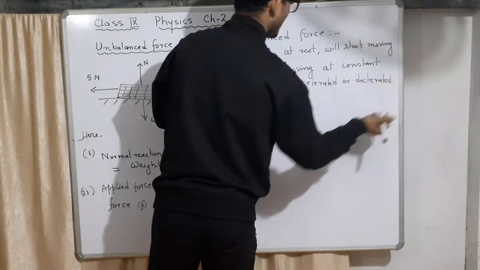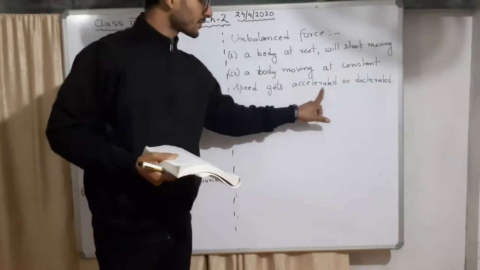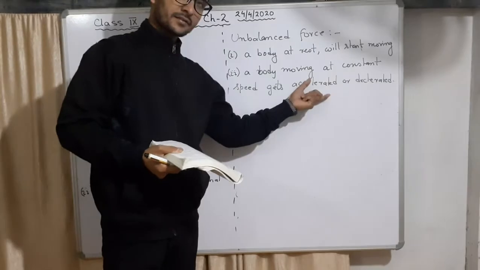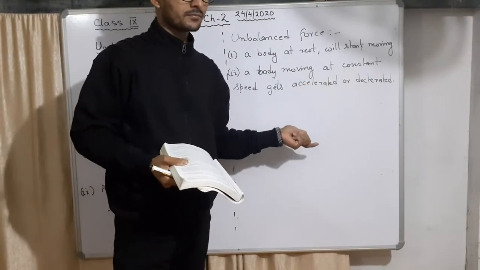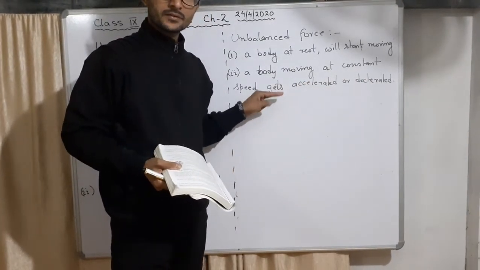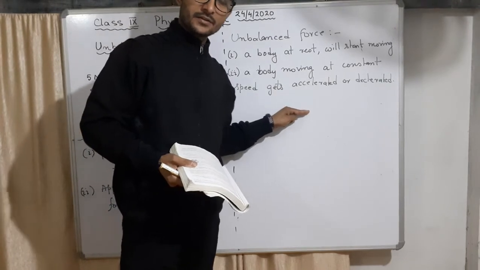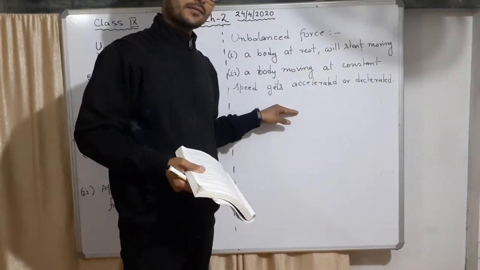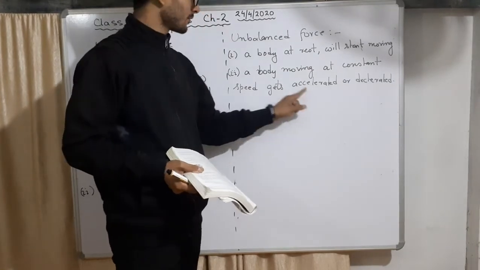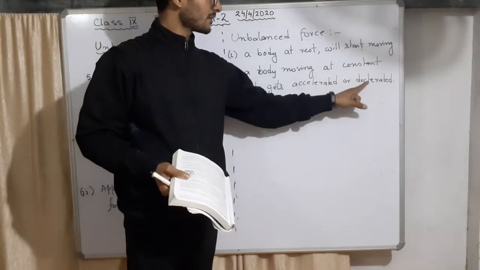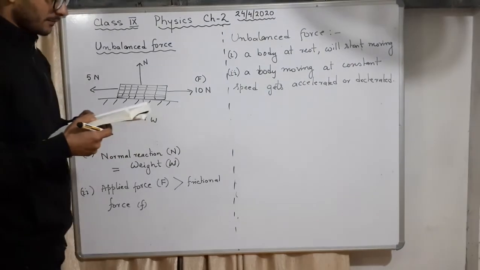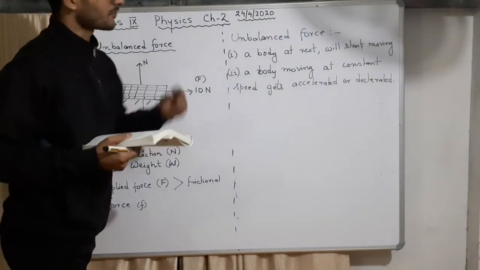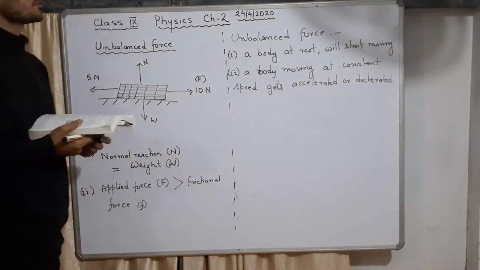That means either its speed will increase, or it will decrease. Just like a vehicle moving at 40 km per hour suddenly increases its speed, or you apply the brake and it slowly stops. Acceleration is increasing the speed, deceleration is decreasing the speed. Both are possible with unbalanced force. Unbalanced force can do two things.